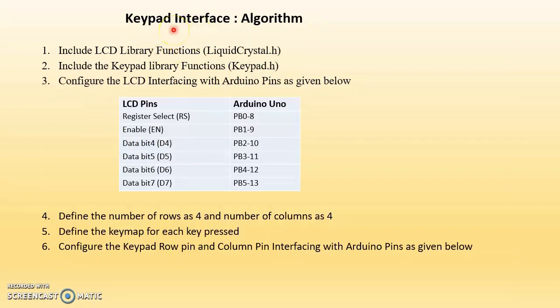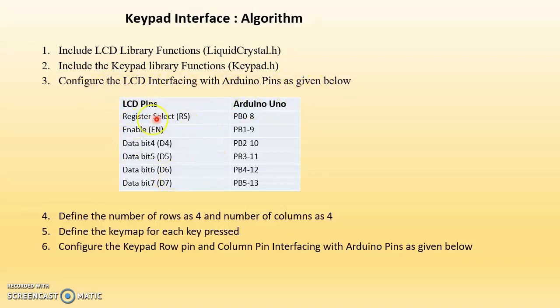Now let us see the algorithm for this keypad interfacing. In the algorithm, the first point is to include the library functions. These library functions we have to include for the LCD and keypad. Then configure the LCD interfacing with Arduino pins as given below.